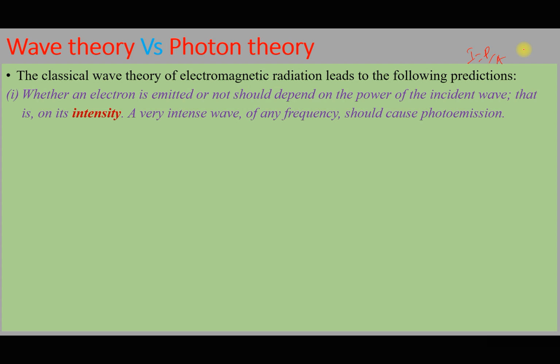So whether an electron is ejected from a surface or not should not even depend on the intensity of the incident radiation. A very intense wave of any frequency should cause photoelectric emission.